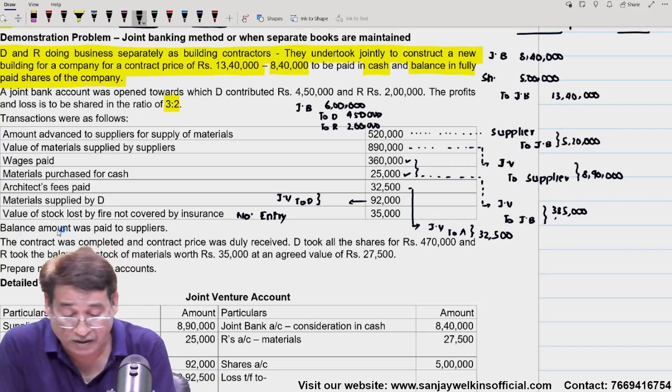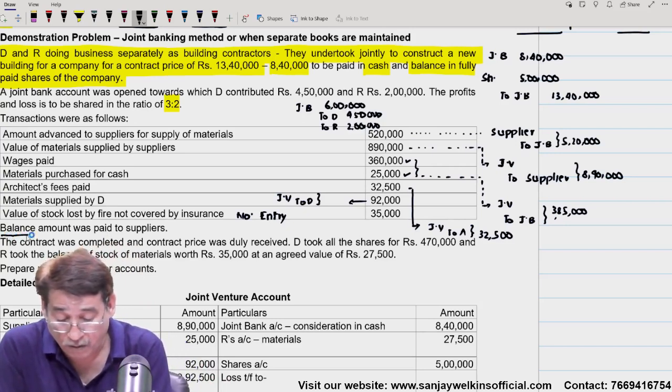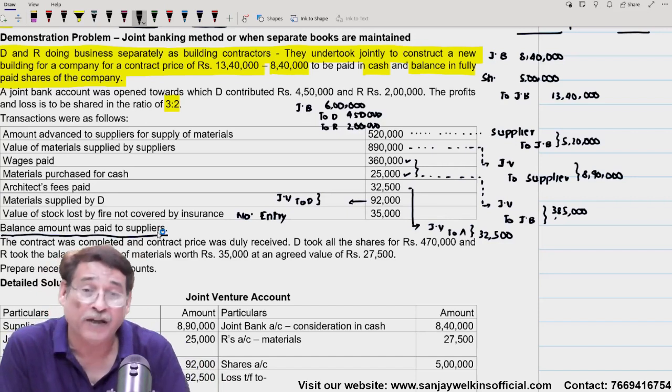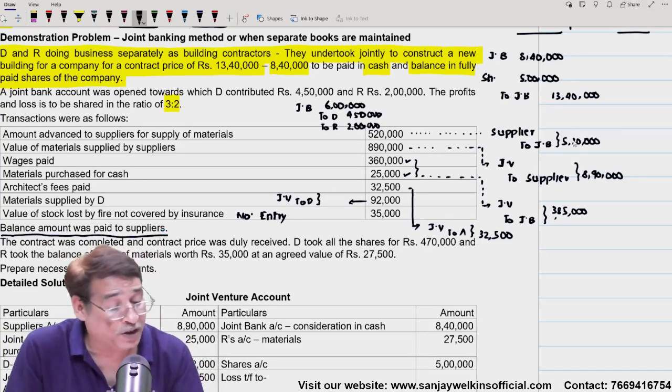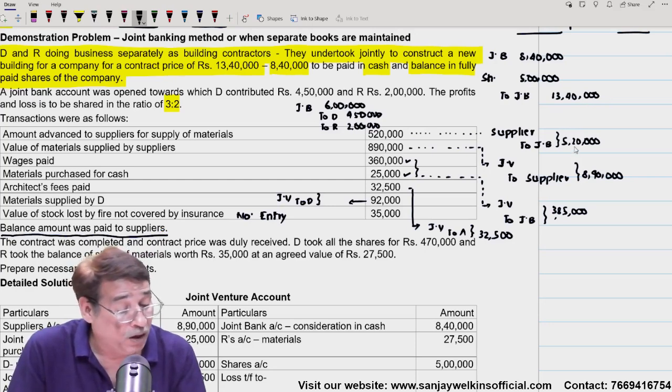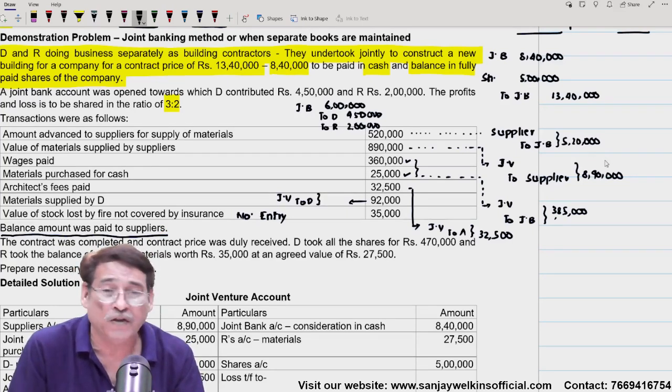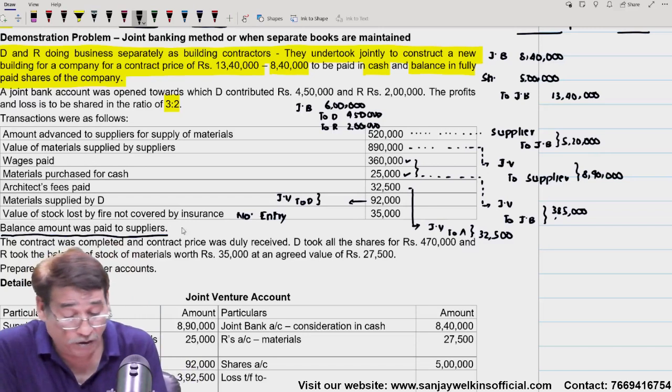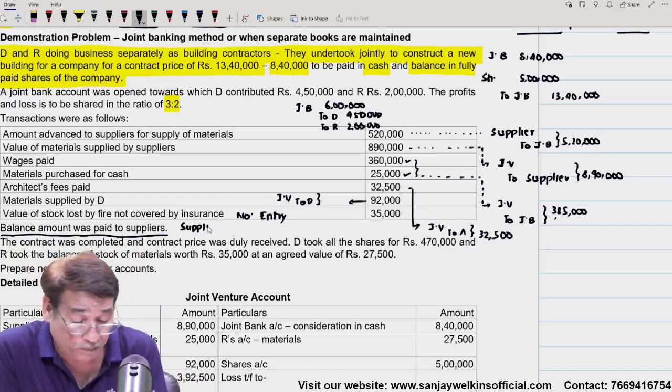Now the question says that the balance amount was paid to the supplier. So what is the balance amount to the supplier? See, you have received material worth rupees 8,90,000, and you have paid them an advance amount of 520. So the difference of these two will be the balance payment. For this, your entry will be supplier account debit to joint bank account.